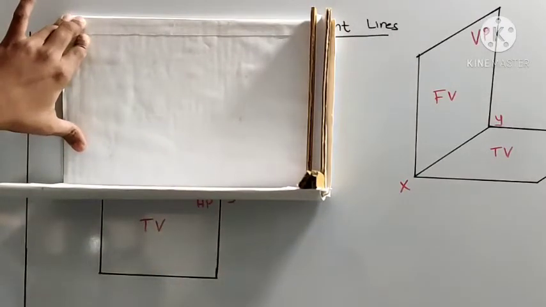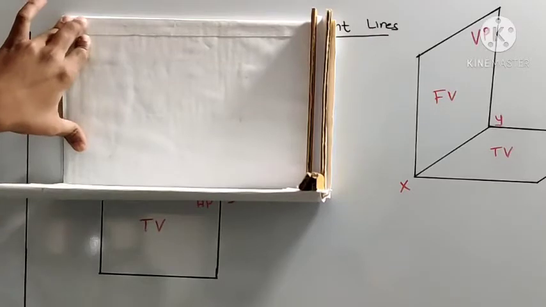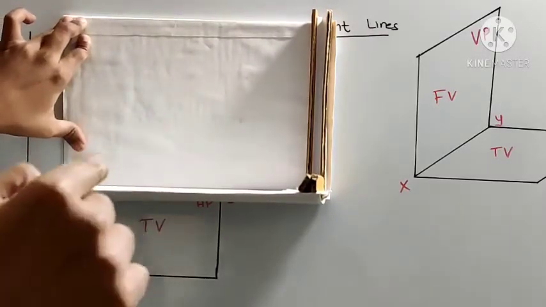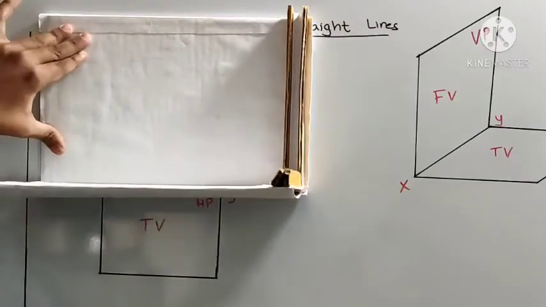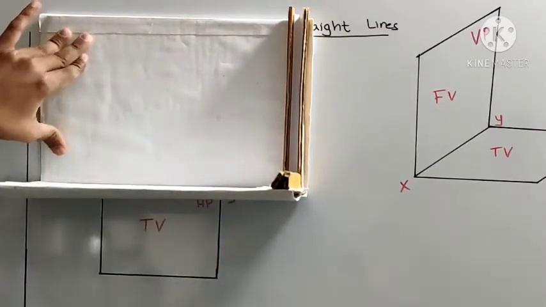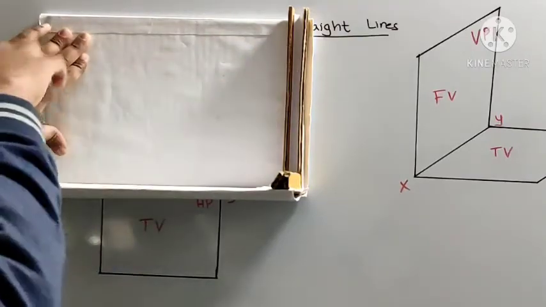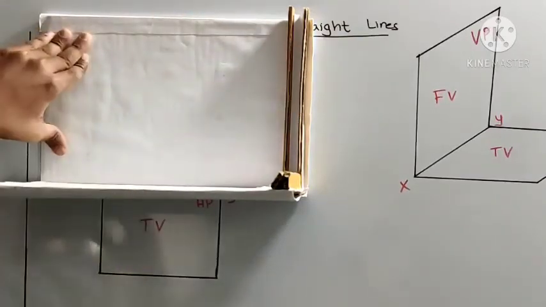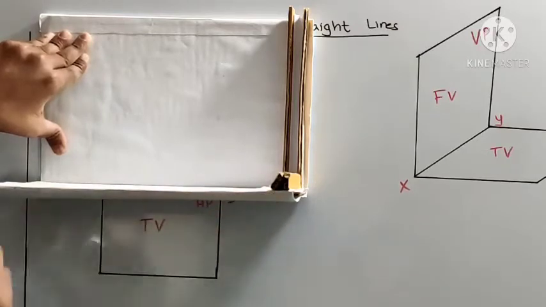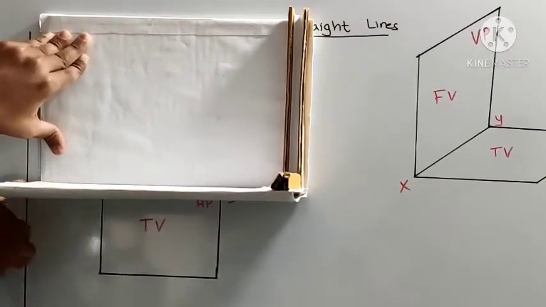Without rotating, if I align, we will get a vertical plane here, and the horizontal plane. While taking the front view, the position of the observer will be somewhere here. So he can see the true shape of the vertical plane, whereas the horizontal plane will look like a straight line, and that straight line will overlap with the reference line.